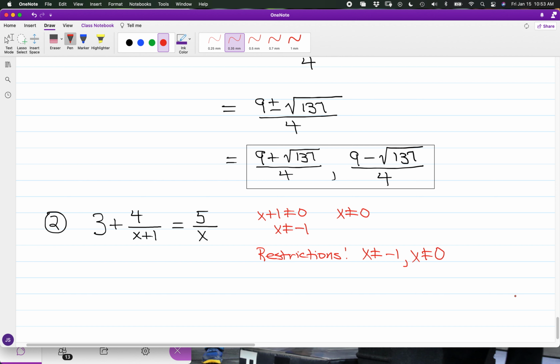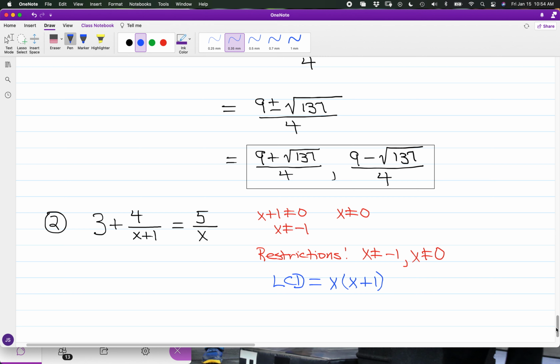Also, tying in, just like earlier, clearing out fractions. The denominators are x plus 1 and x, and I can set things up and clear out the fractions by multiplying the terms throughout by the least common denominator, which would be x times the quantity of x plus 1.